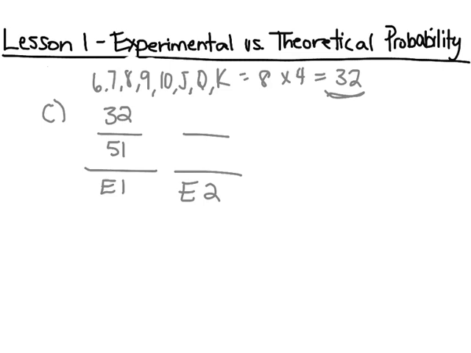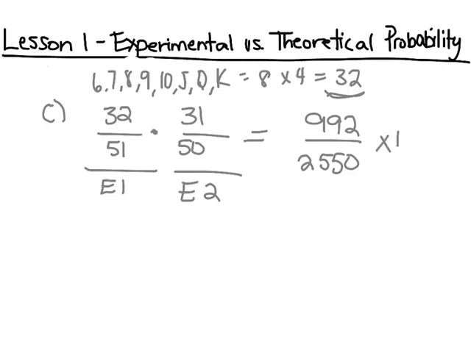But because we've now taken 2 cards out of the deck, there's only 50 left in the deck, and we're assuming we got a high card after the 5, so there's 31 high cards left. So we times these two events, and we get 992 over 2,550. Divide those numbers and times by 100, and you get a 38.9% chance. So you do have a high chance of getting a higher card.